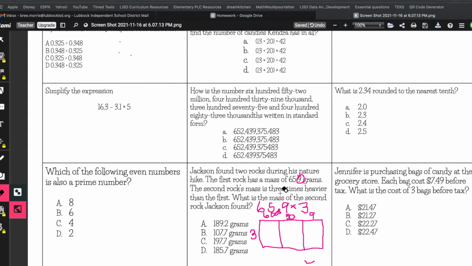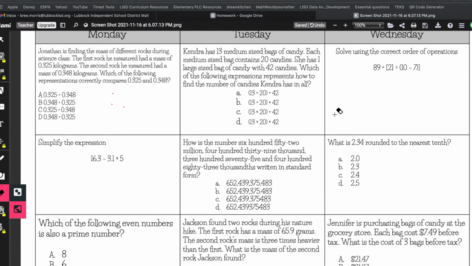Okay, next up. Okay, here we go. You guys are superstars at order of operations. So we write out our GEMDAS.